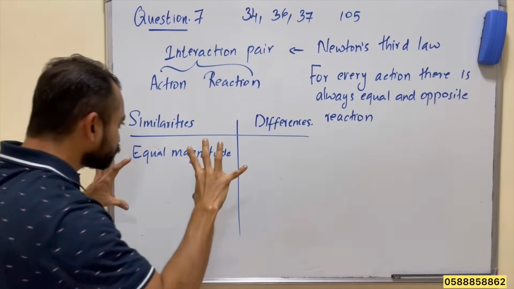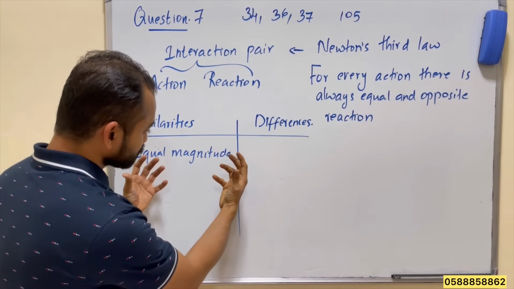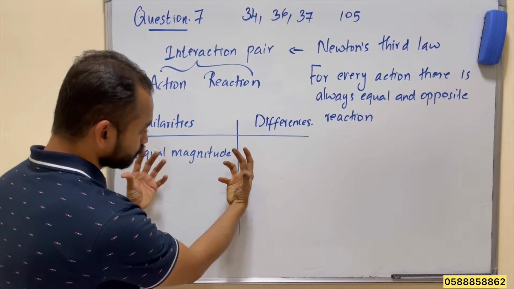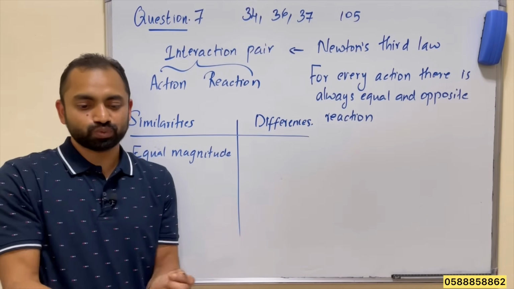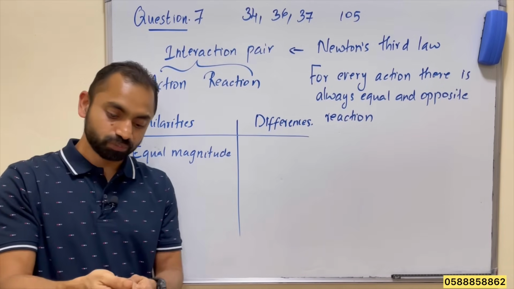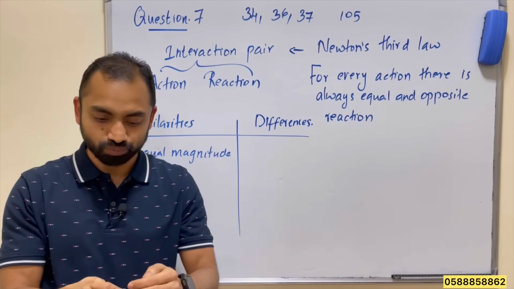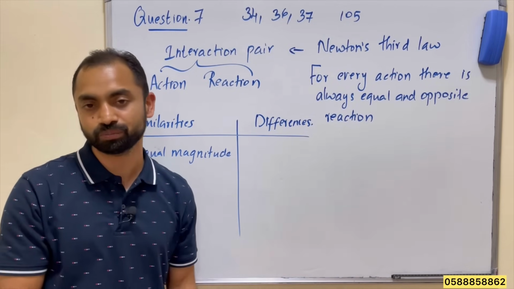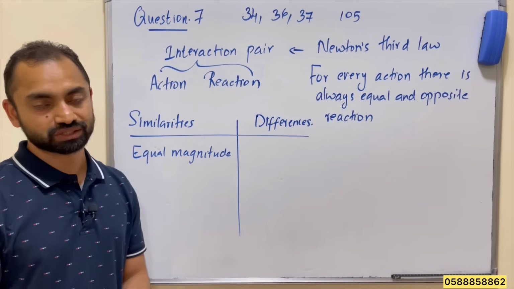I am pushing the whiteboard, so the reaction will also be a push. If I am pulling this wire, the wire will pull me in the opposite direction. If action is a pull, reaction is a pull.